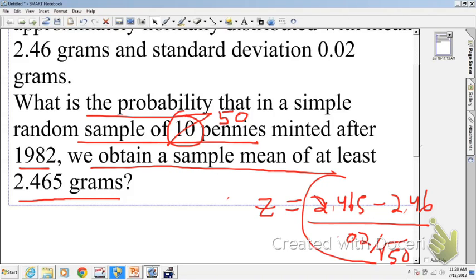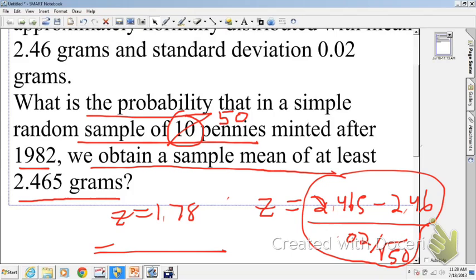So clearly you're going to get a different z-score and in turn a different probability. Well, let's take a look. You can type that in with me to get the z-score. So you get a z-score of 1.78 now.